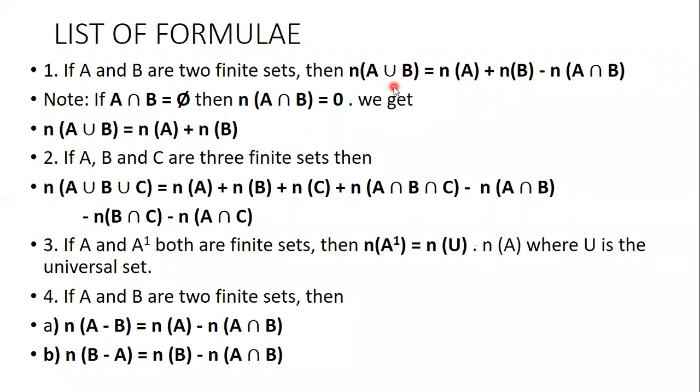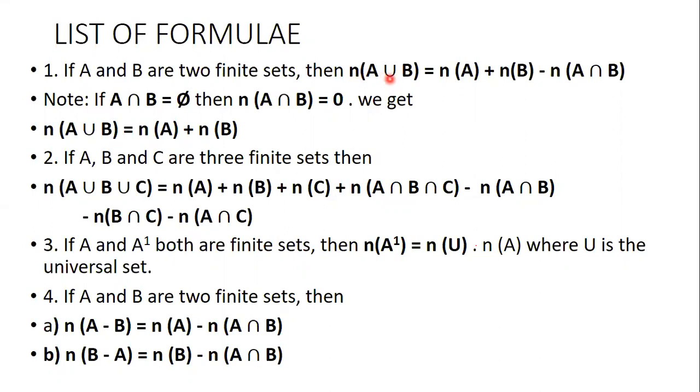Now in the problem, if they ask you to find A union B, then we have to use this formula, which is n of A union B is equal to n of A plus n of B minus n of A intersection B. Please understand and remember the formula.